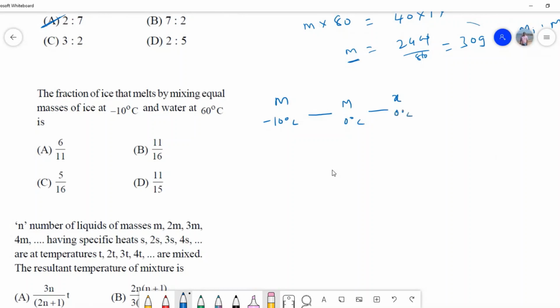So Q absorbed is equal to mcΔT plus mL. So this is m into what is the specific heat of ice? We all know 0.5. No, ice. Oh, sorry. Initially only few grams of ice is melted, right? I took it reverse.